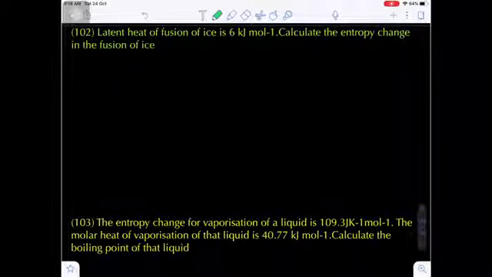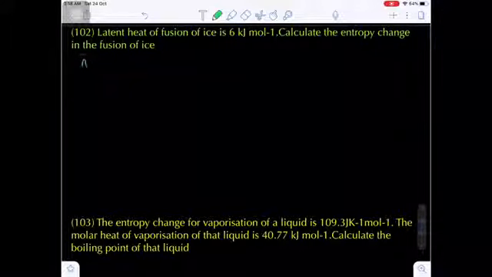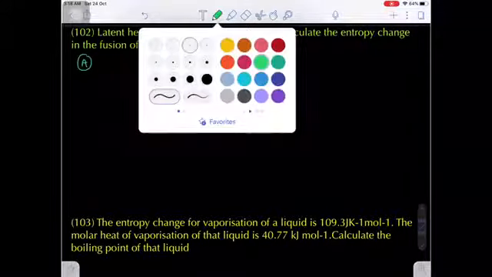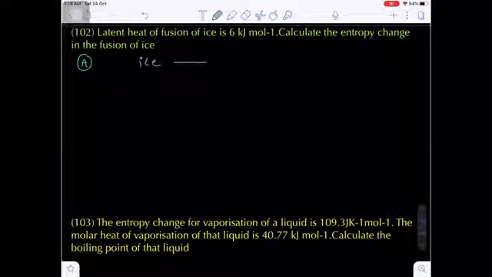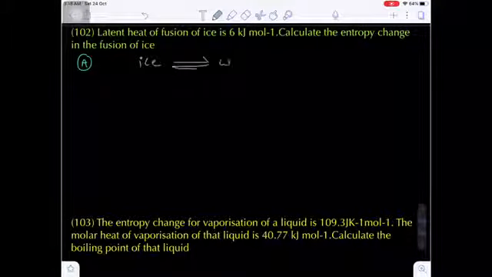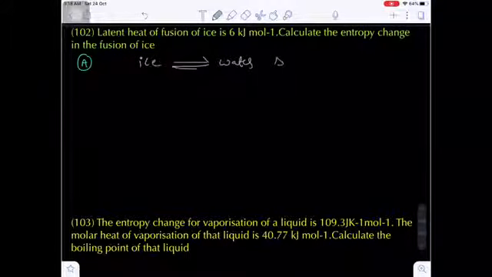Now question number 102. In the question number 102, latent heat of fusion of ice is 6 kilojoule per mole, calculate the entropy change. Already we completed this in the phase transformation. Still I am writing here, ice converted into water and water converted into ice. This is an equilibrium process. Are you getting my point?